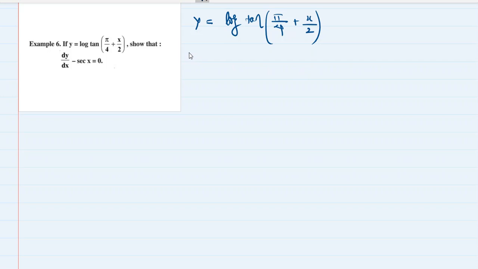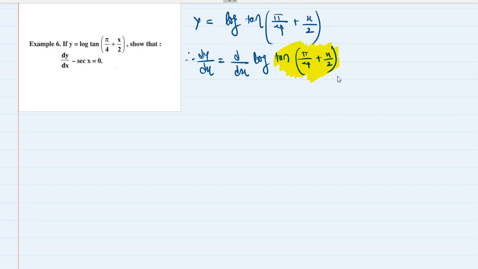Therefore, differentiating both sides with respect to x, we get dy by dx. The first thing is d by dx of log of tan of (pi by 4 plus x by 2). In the first step, we are going to treat this whole thing as x, log of x.